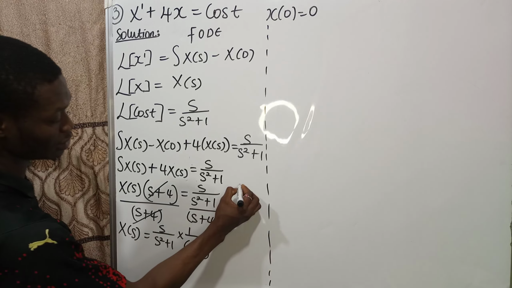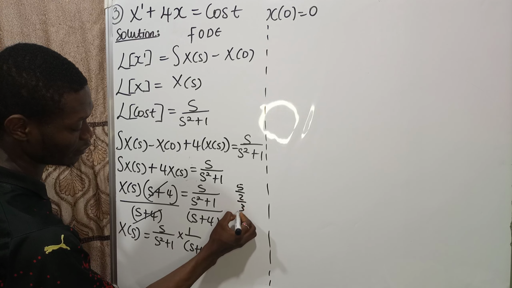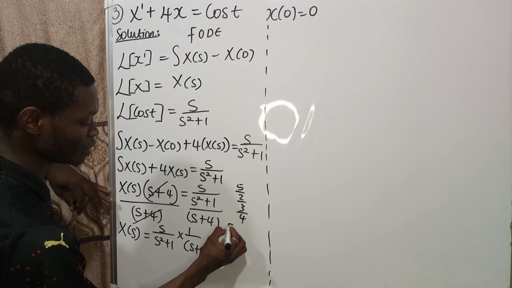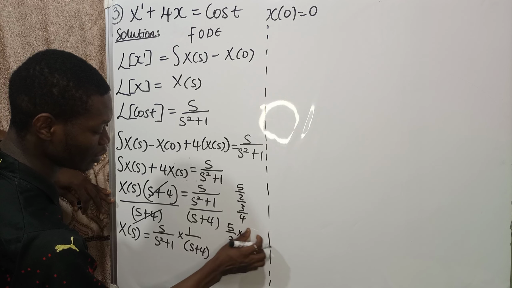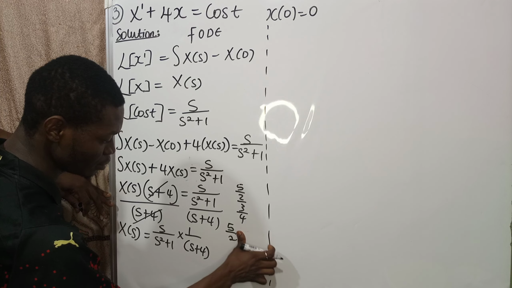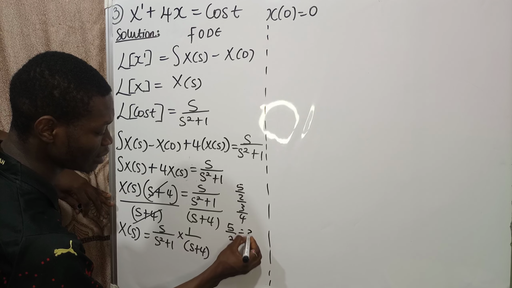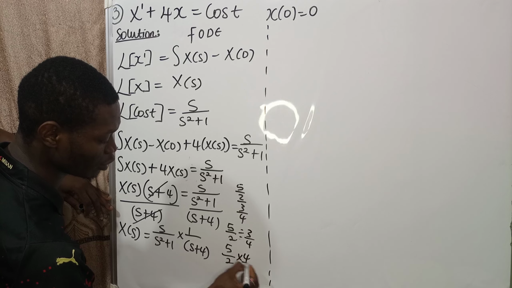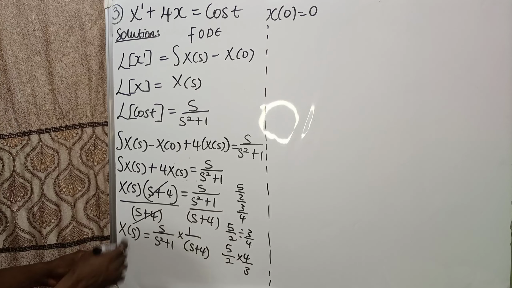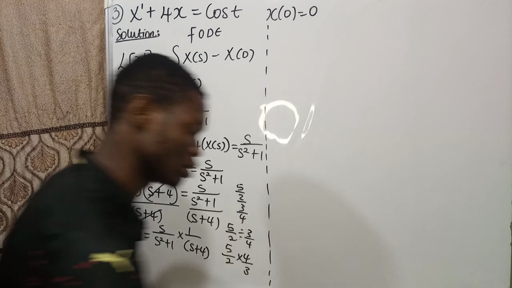Remember, if you have something like 5 over 2 over 3 over 4, this simply means 5 divided by 2 divided by 3 over 4. So changing division to multiplication, before we bring out the 3, we go down. That's the same thing we did here.